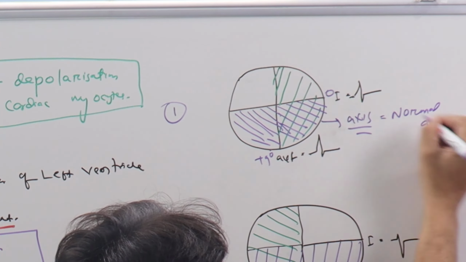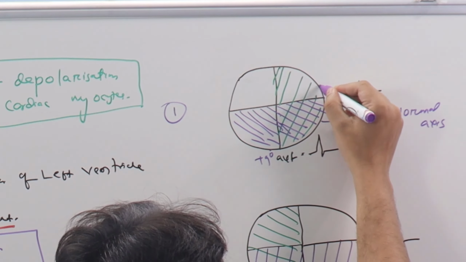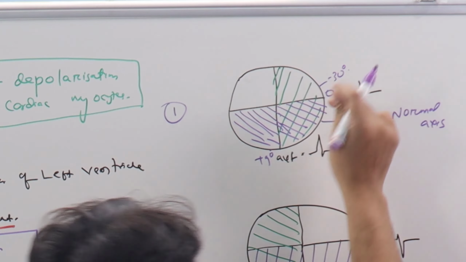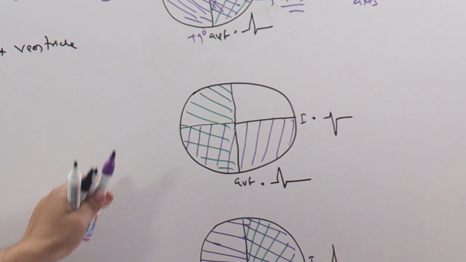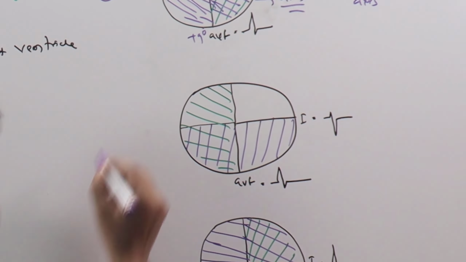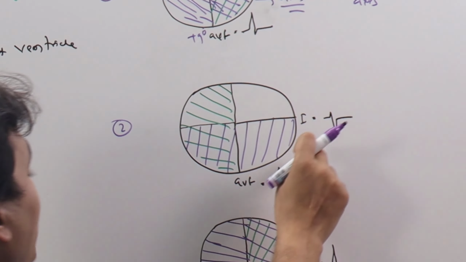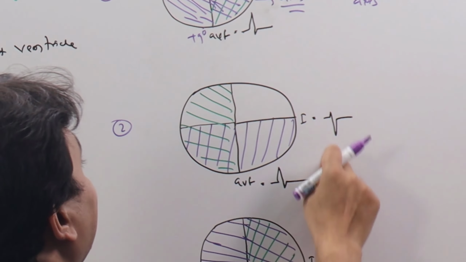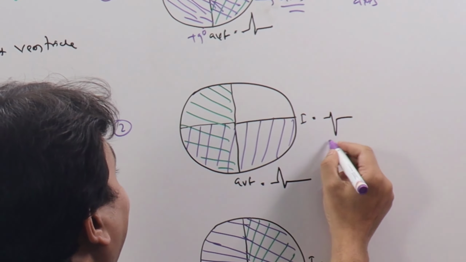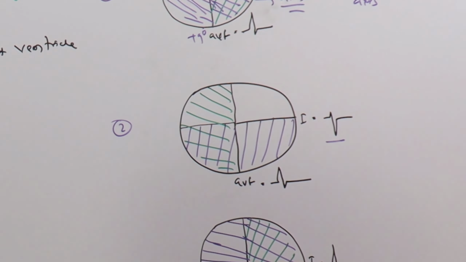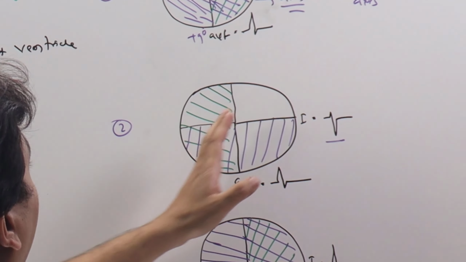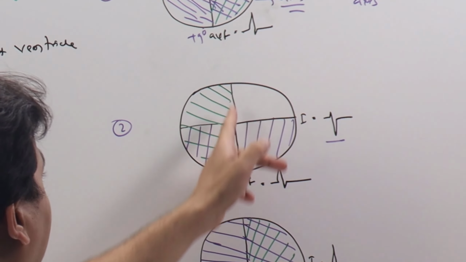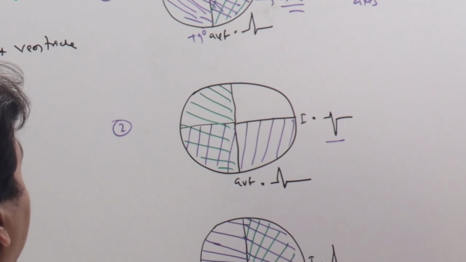Of course, the normal axis can go beyond 0 to minus 30 degrees, but if it is 0 to 90, it is normal axis, right? Now coming to the second picture, the situation is lead 1 in the ECG, you see the QRS complex is predominantly negative. That means the axis lies to the left of this vertical line because it's negative, right?